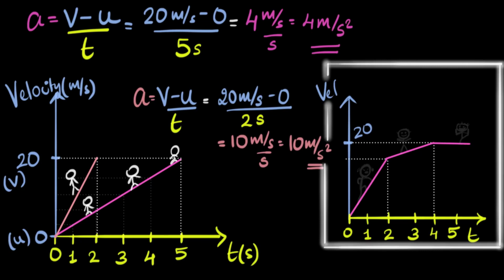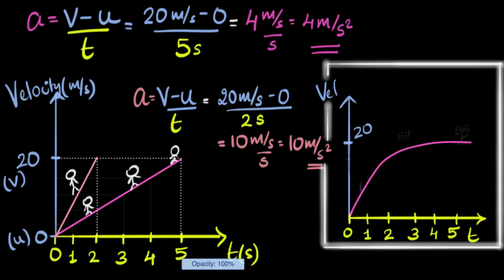Even if you look from the steepness point of view, can you see that initially it's very steep, so high acceleration, less steep, low acceleration, and then the acceleration becomes 0. The graph is flat. Acceleration is 0. And so if you had a graph that looks somewhat like this, the acceleration is not a constant. It's initially very high and then the acceleration decreases. But for a straight line, it means the acceleration remains a constant.